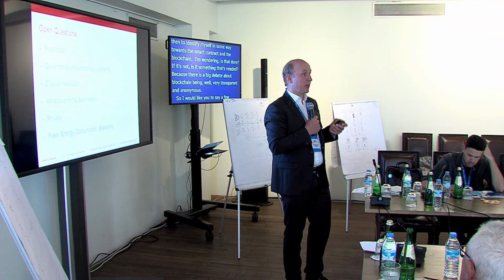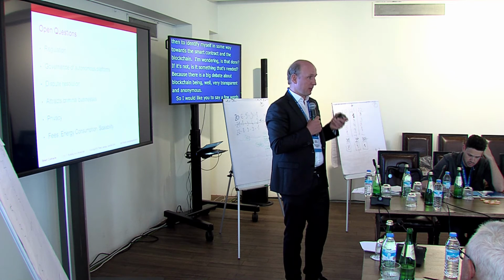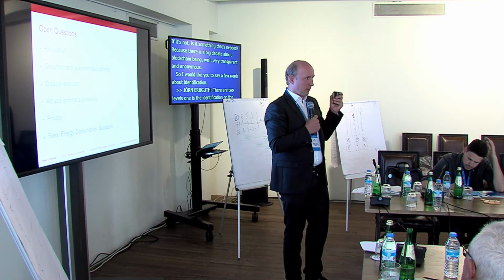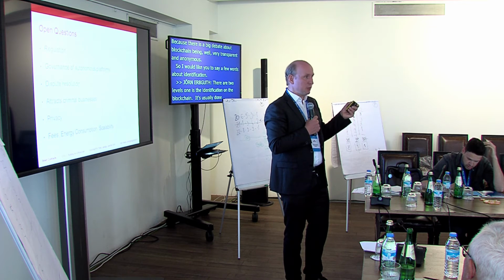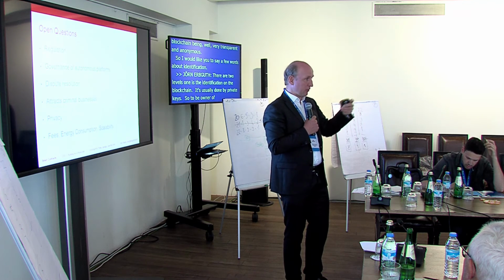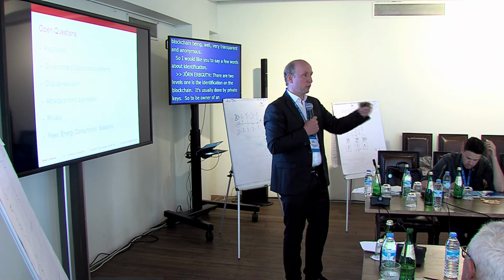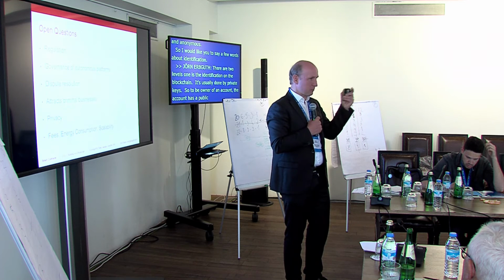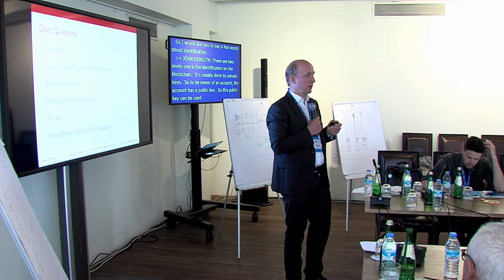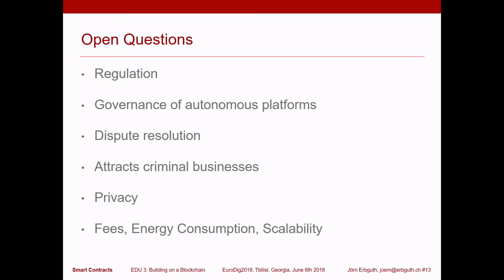Well, there are two levels. One level is identification on the blockchain itself. It is usually done via private keys. To be the owner of an account, the account has a public key. This public key can be used to send cryptocurrency to it, or to do a transaction with it.